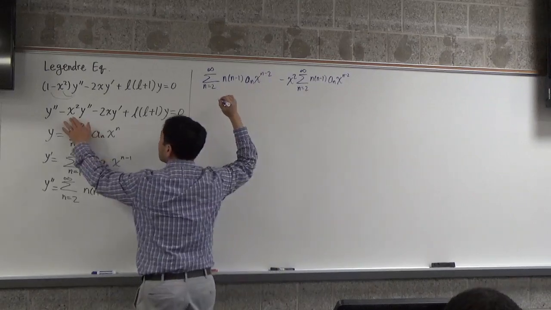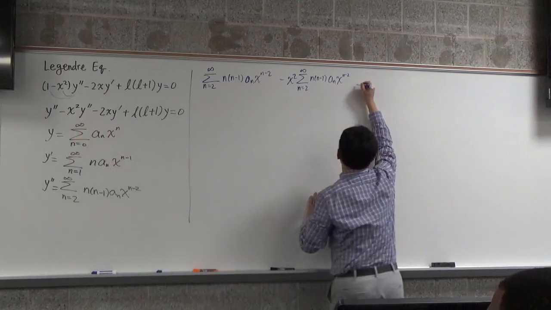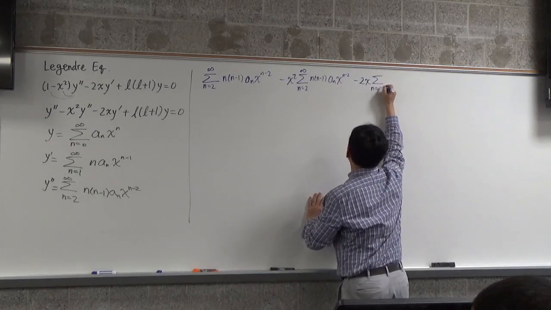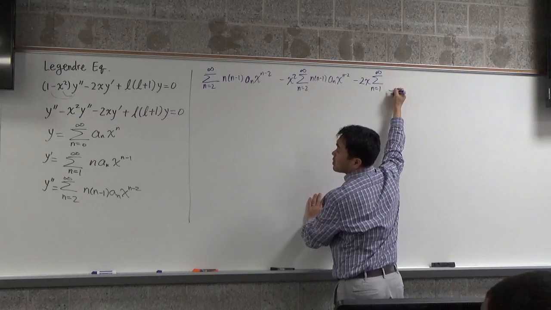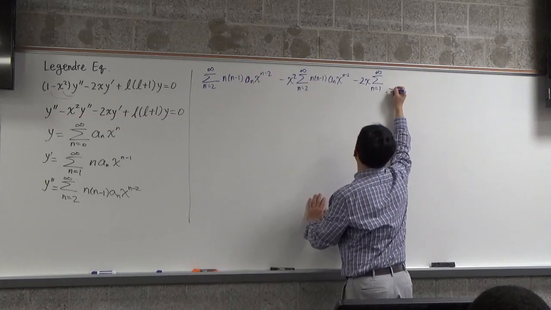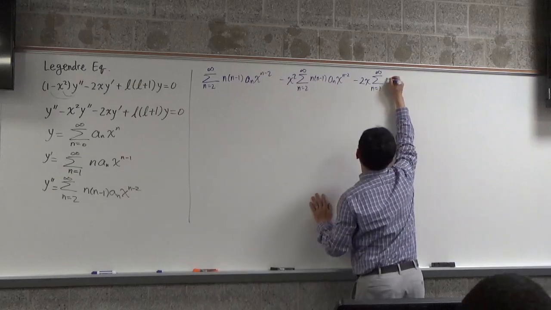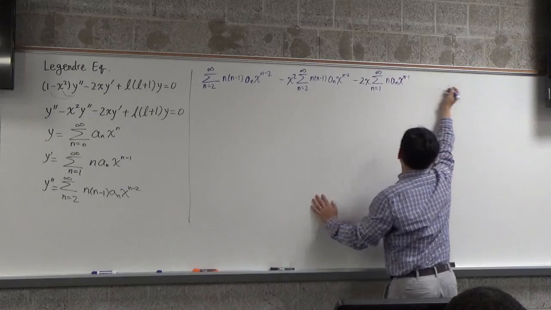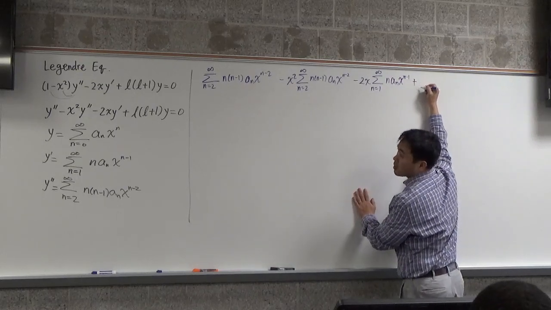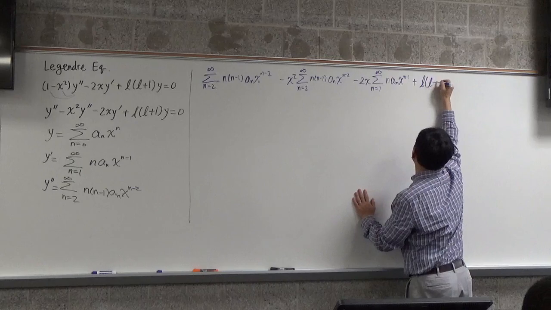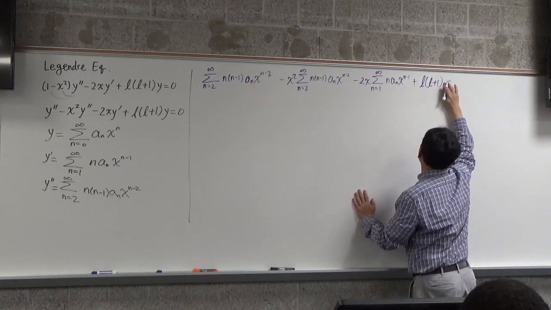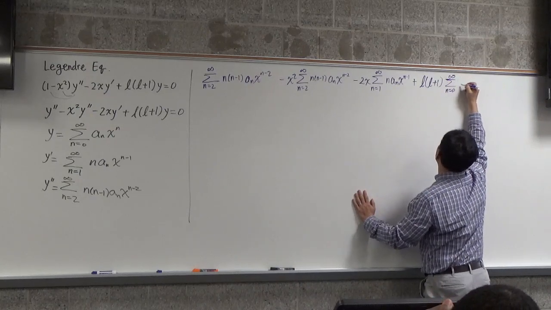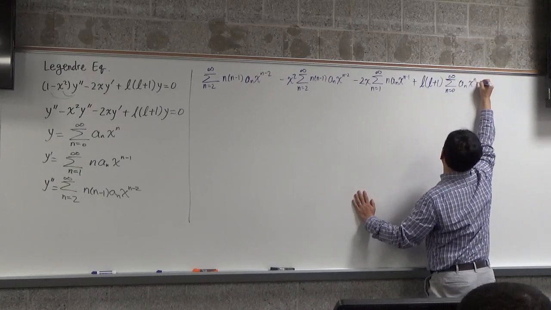And then this one is minus 2x times the sum, n from 1 through infinity, of y prime, which is n a_n x to the n minus 1, then plus L times (L plus 1) y, and y is the sum n from 0 to infinity of a_n x to the n.